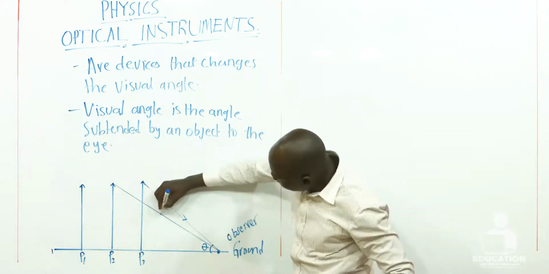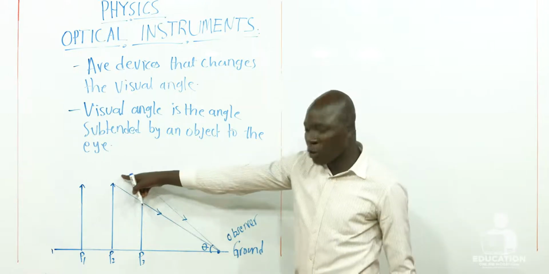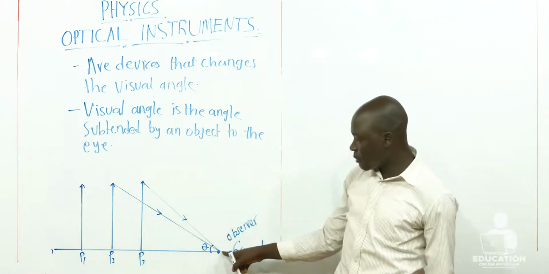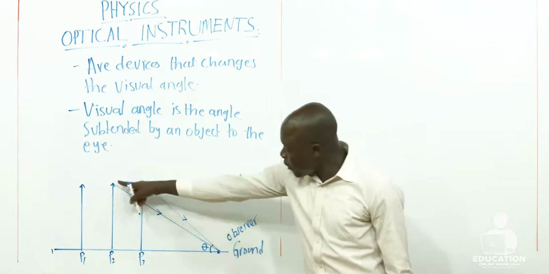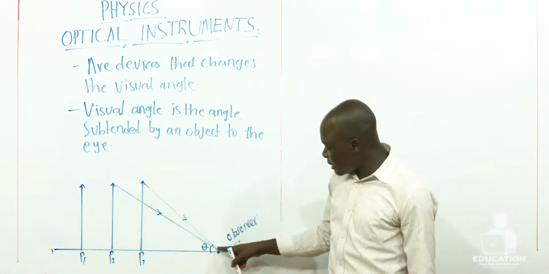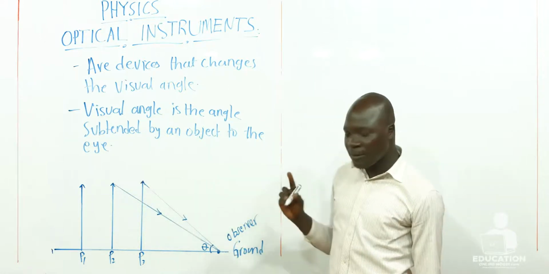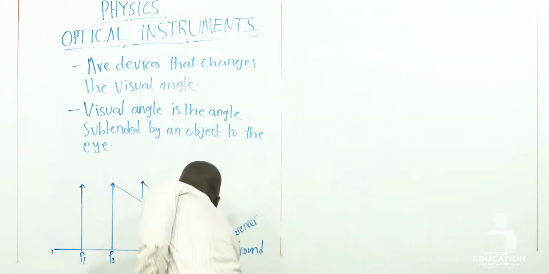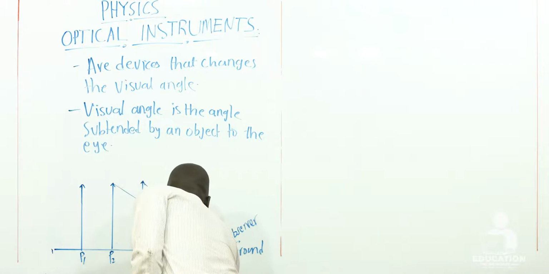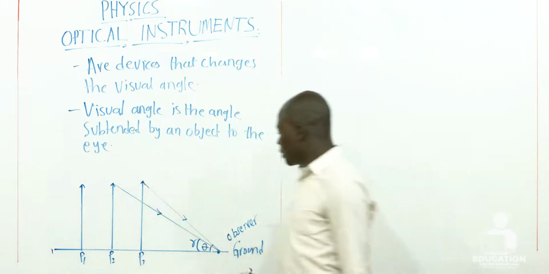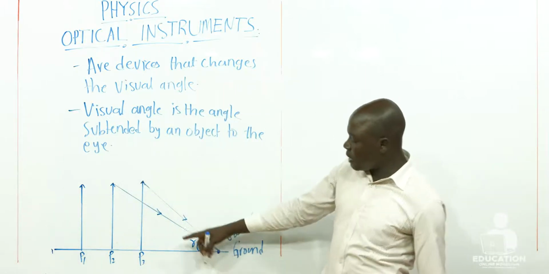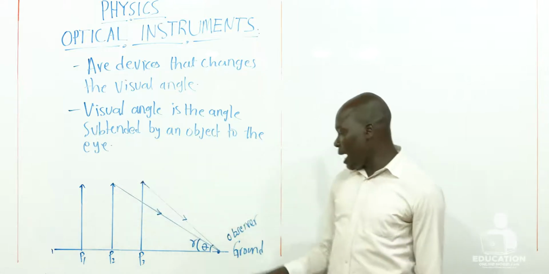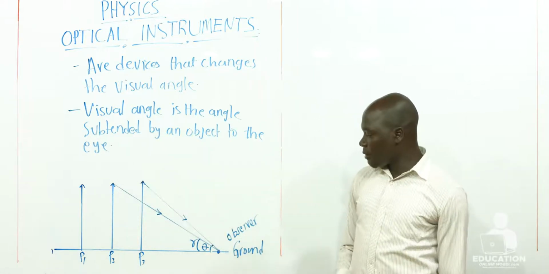So this is a ray of light from pole 2 to the eye of the observer. So this ray subtends a certain angle which is different from the angle subtended by pole 3. So we can call this angle alpha. So that is the angle subtended by pole 2 to the eye of the observer.